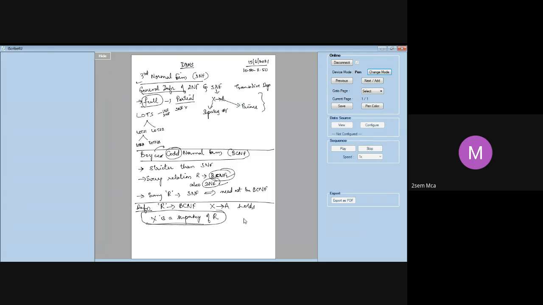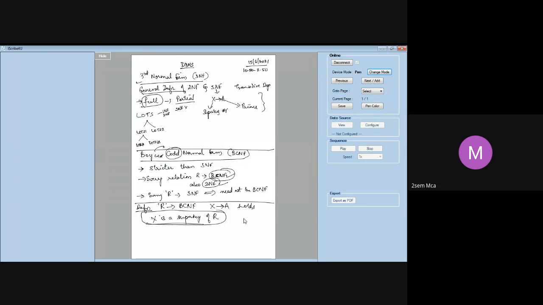If X, the left-hand side of the given functional dependency, is a super key of R, then we say that the functional dependency satisfies BCNF. In other words, the relation R is BCNF satisfied.